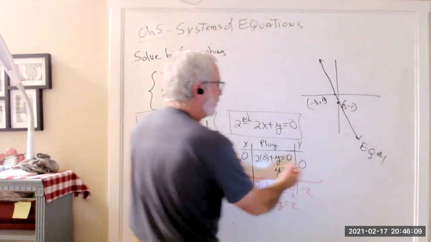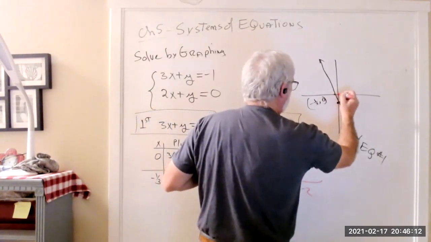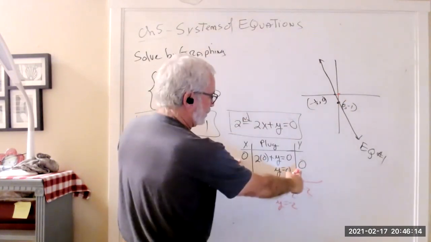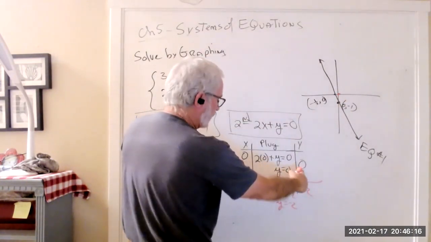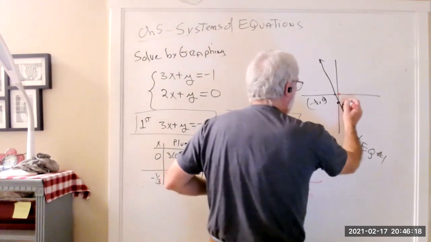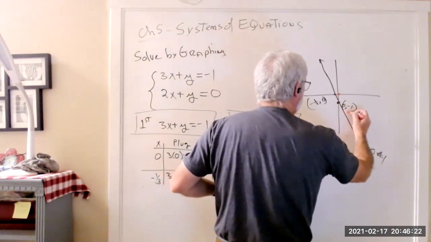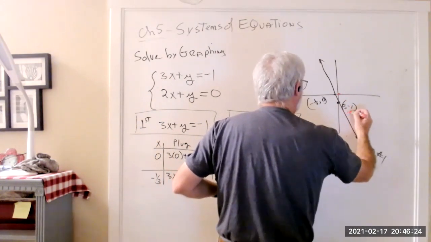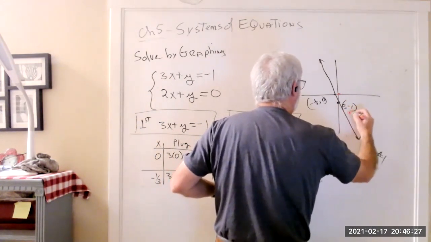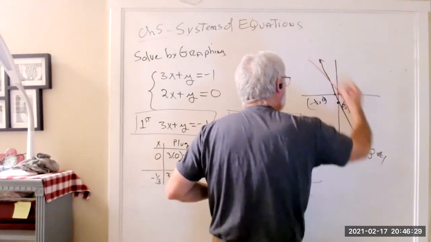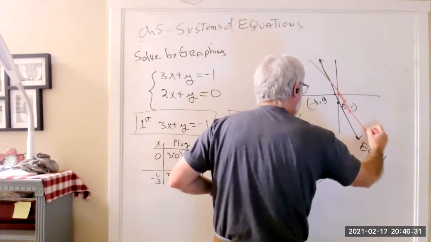So my second equation is going to go through 0, 0, and it's going to go through 1, comma, -2. Okay, which is kind of like that. So my graph will look something like that.